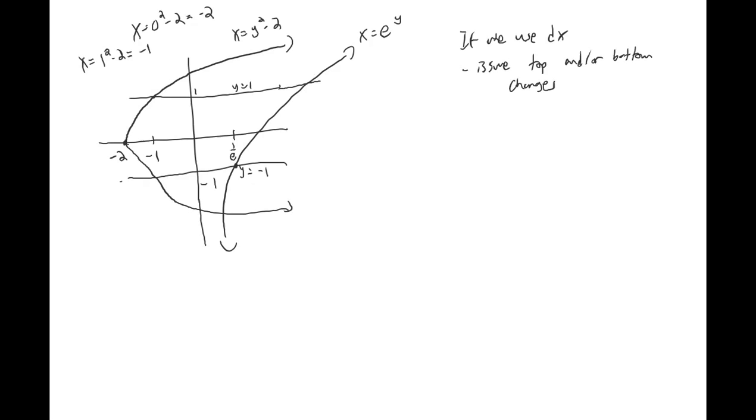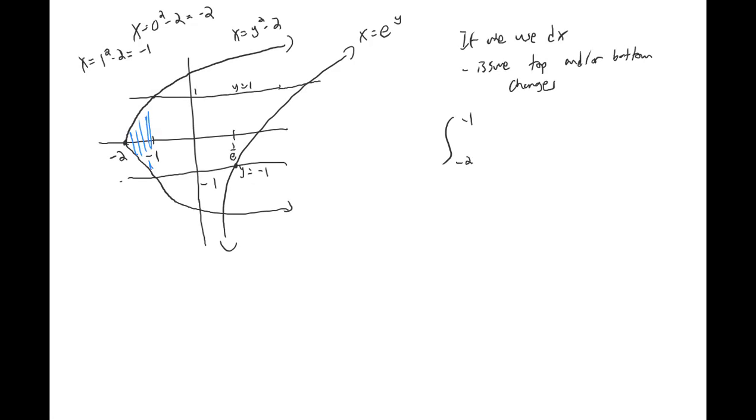So let's figure this out. From -2 to -1, what is top minus bottom? Like the region here. Can anyone tell me which function I'm using?